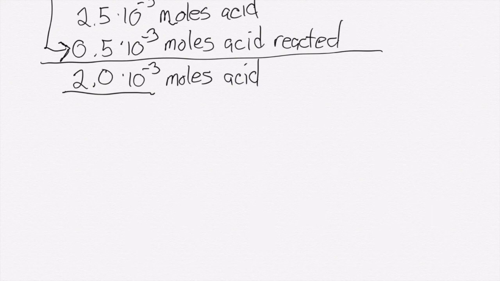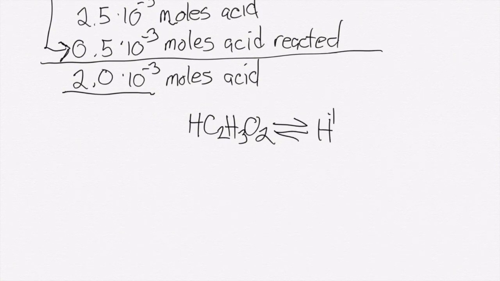So we can take our acetic acid and allow equilibrium to establish itself, at which point we can set up an ice table to determine the pH.